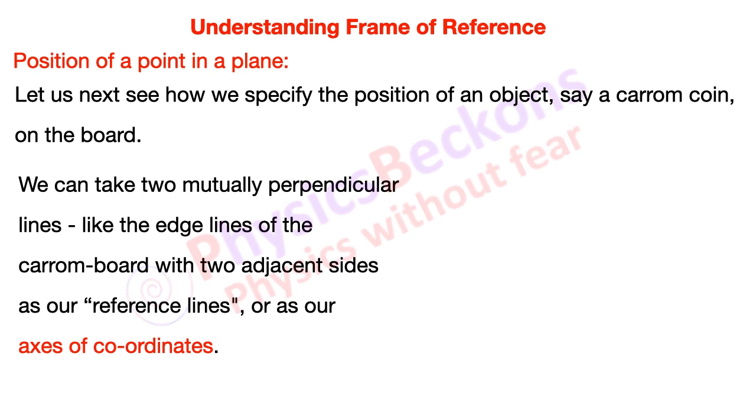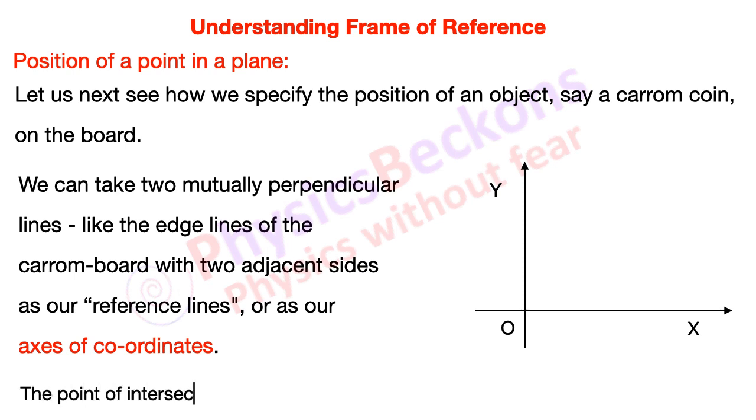So in plane we need two mutually perpendicular lines. As you will see, the two lines OX and OY are called the x-axis and y-axis, with point of intersection O being the origin. This is the origin.